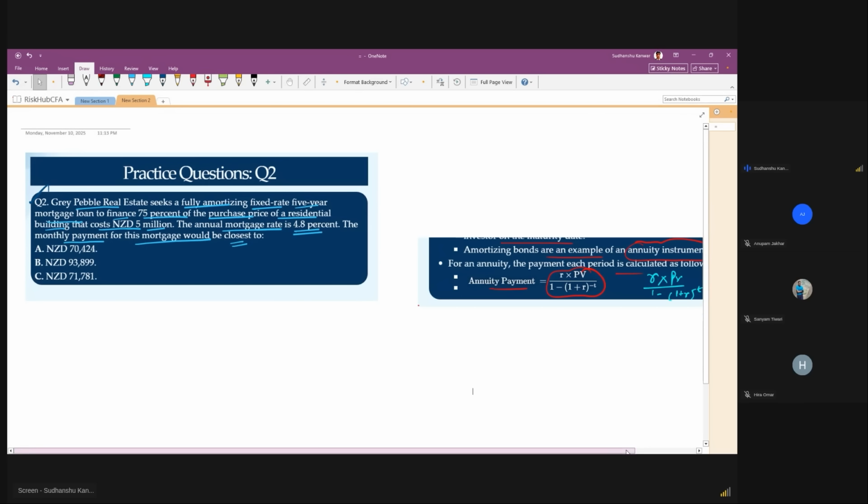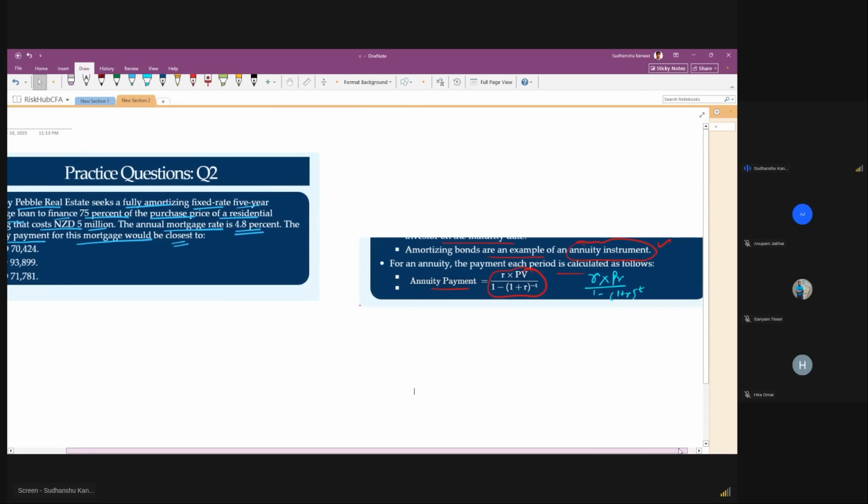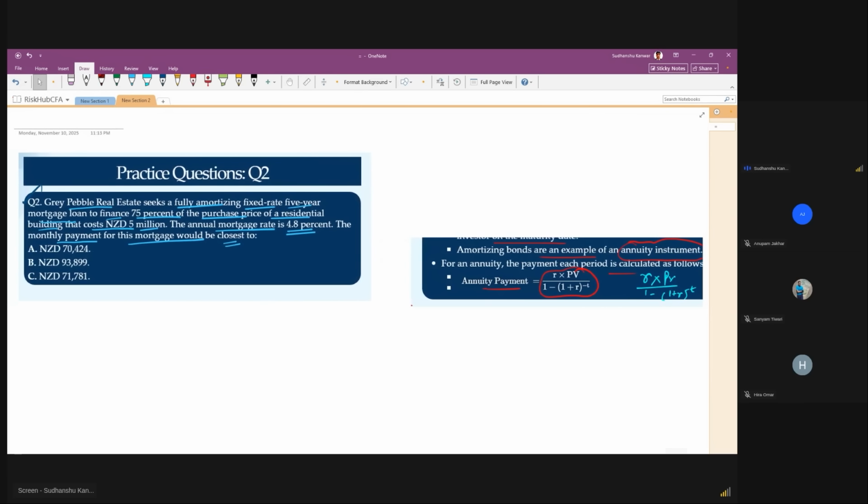I have copy pasted that amortizing bonds are an example of annuity payment. See, if you read it carefully, this question is an amortizing fixed rate 5-year mortgage loan, right? And they are trying to find the monthly payment. So it's an amortizing bond, and for an annuity, the whole thing is this: PV times R divided by 1 minus (1 plus R) to the power minus T.